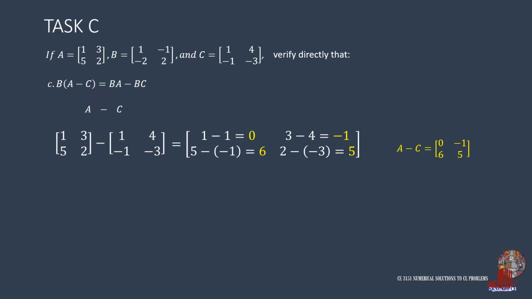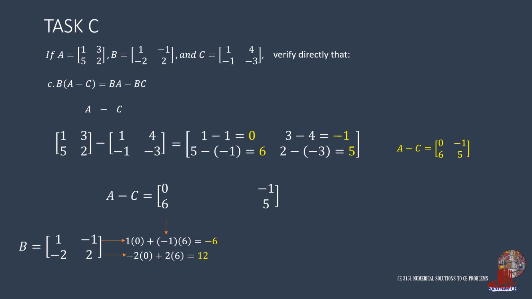Next is to take the product of matrix B with matrix A less C. Check for intersections for the procedure starting with row 1 and column 1 to get negative 6 from 1 times 0 plus negative 1 times 6. Row 2 with column 1 has negative 2 times 0 plus 2 times 6, and that is 12. Row 1 again with column 2 gives negative 6.